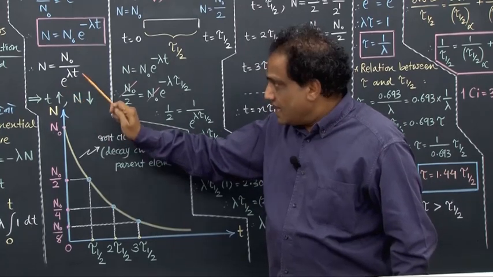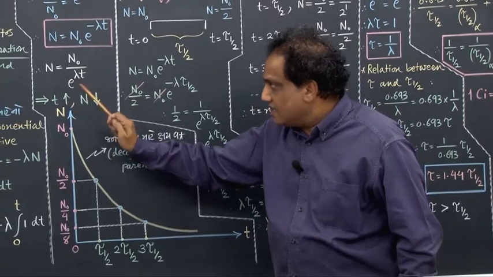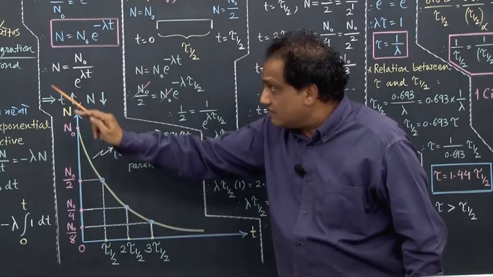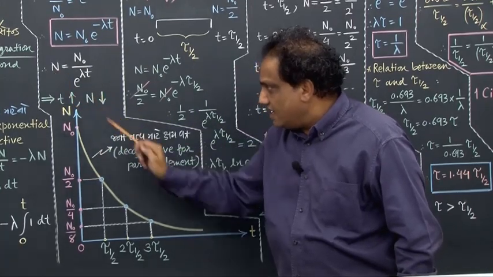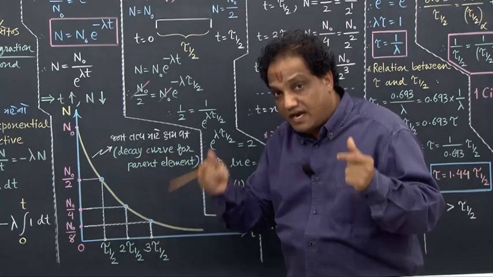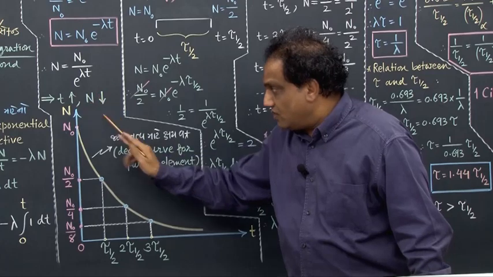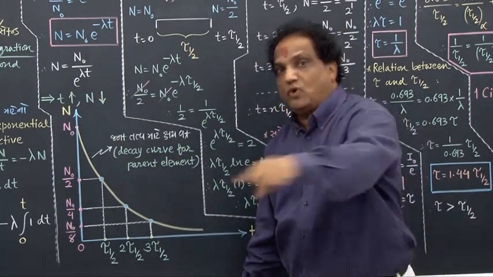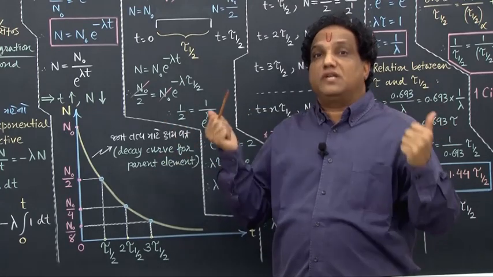Now when time passes, what will happen? t will increase, but as t increases, this whole ratio will decrease, that is, the value of N will decrease. When t is increasing, N is no doubt decreasing, but it is found to be decreasing exponentially. Then you may ask, how is it an exponential decrement?